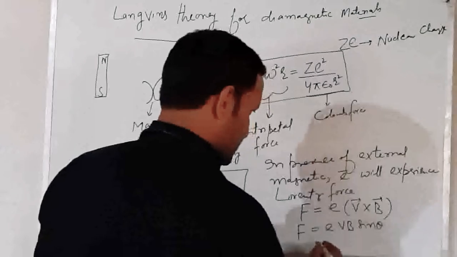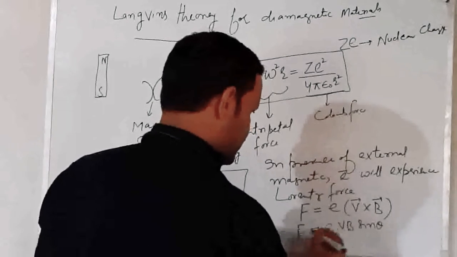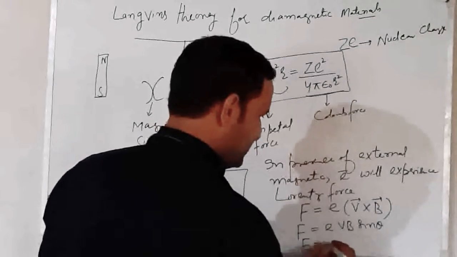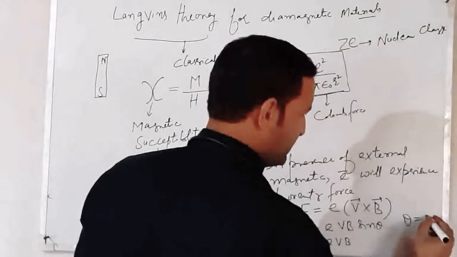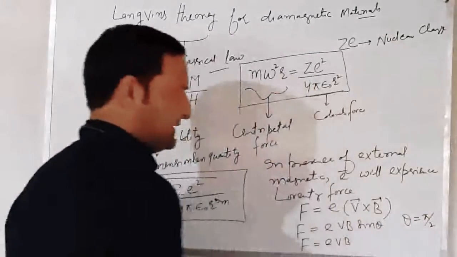We can also write it as F equal to evB sin theta, for theta equal to pi by 2, that is 90 degrees.